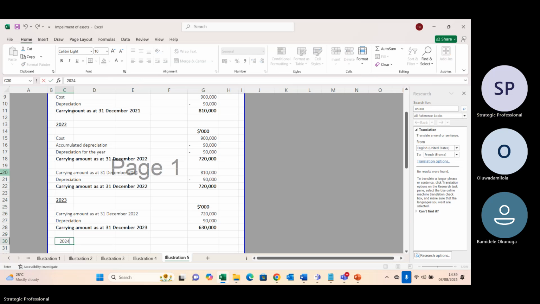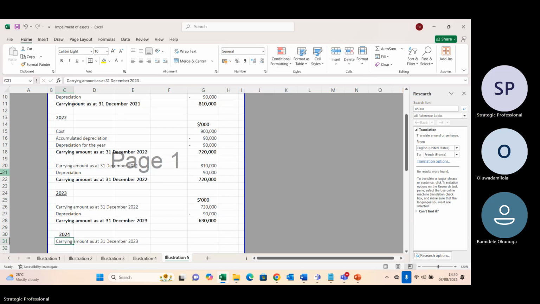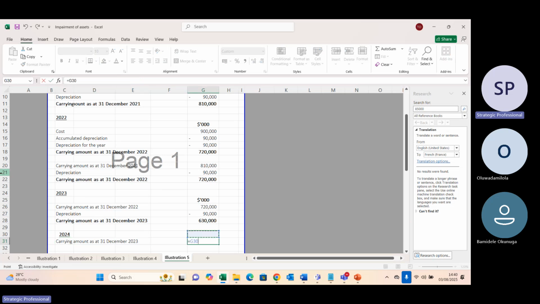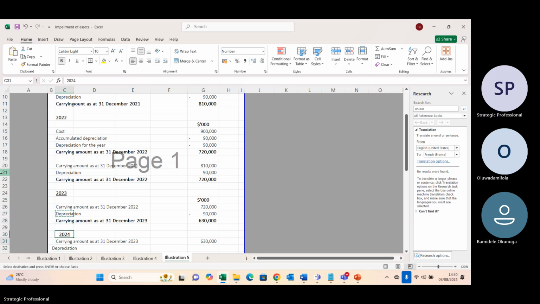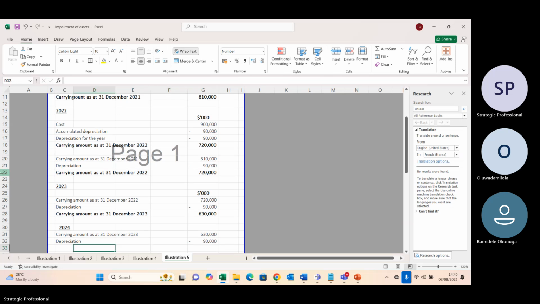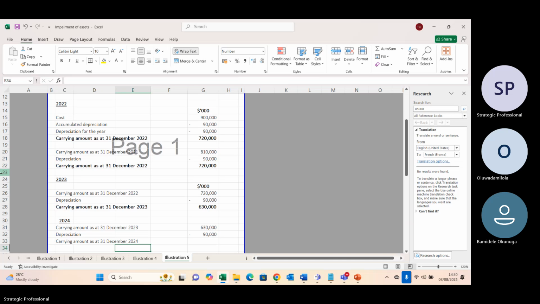The carrying amount as at 31st December 2023 becomes the opening balance of 2024, which is 630,000. Depreciation is straight line, still 90,000. The carrying amount as at the end of 2024 will then be 540,000.